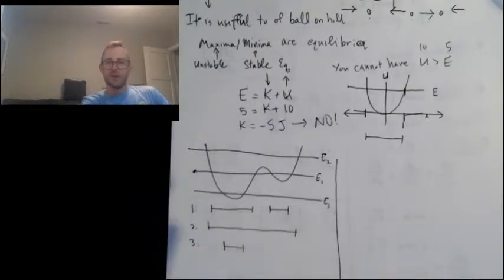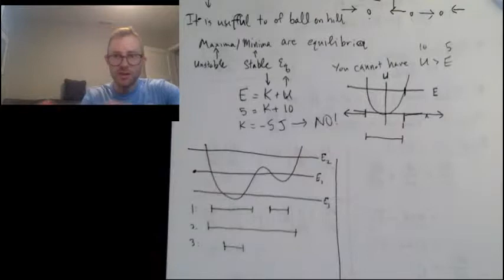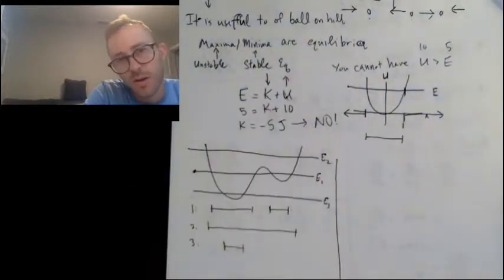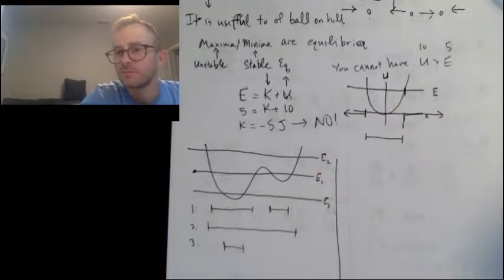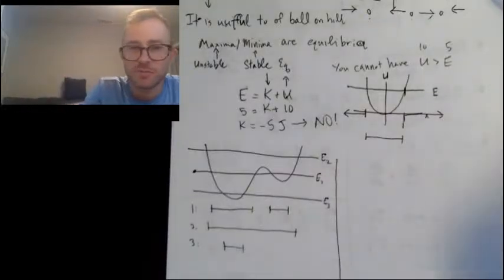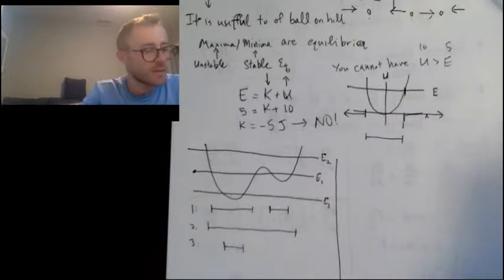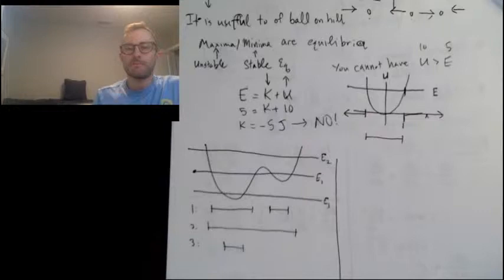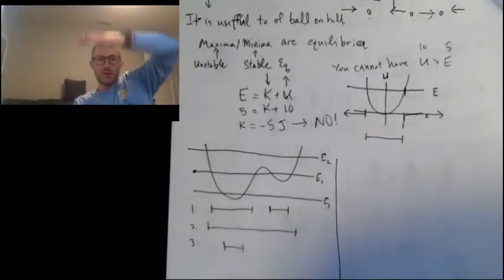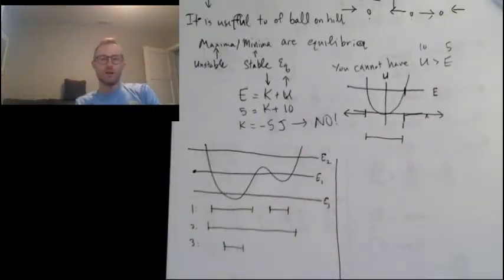Okay? So you have regions where you can go, and you have regions where you can't go. Negative potential energy typically means that an object is bound or stuck to a certain location. We'll talk more about that later on in the class. Okay? So depending on how much energy the particle has, that determines where it can go.